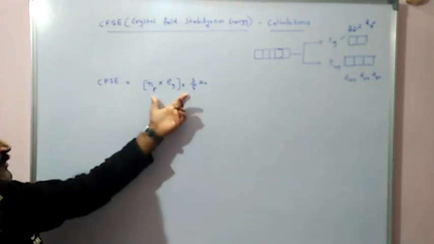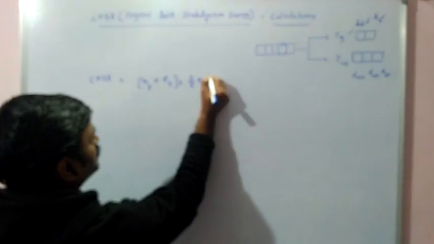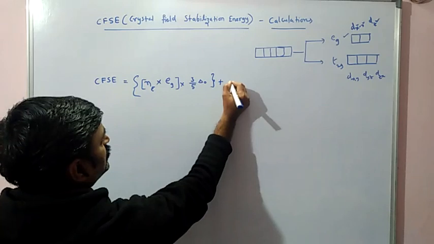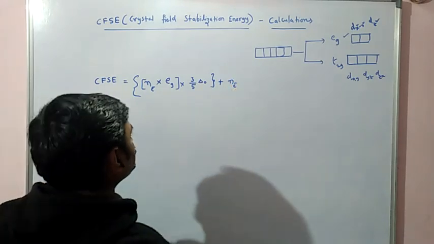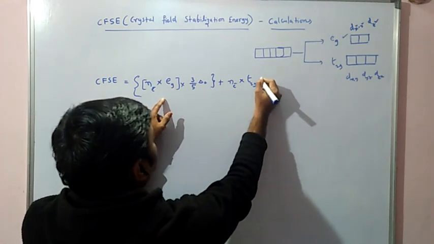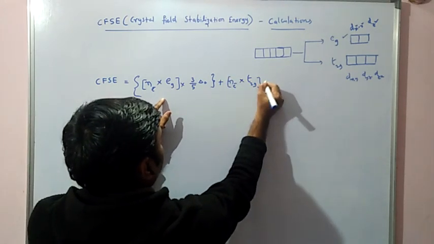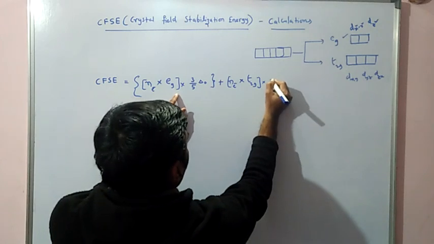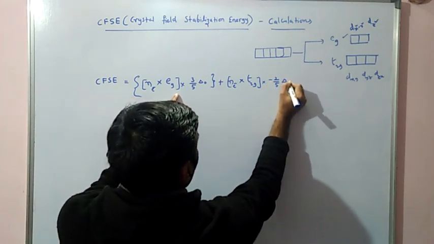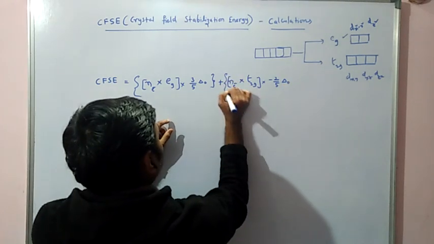We have to remember this point. This should be added to the number of electrons present in T2g multiplied by minus 2 by 5 delta naught, another part.